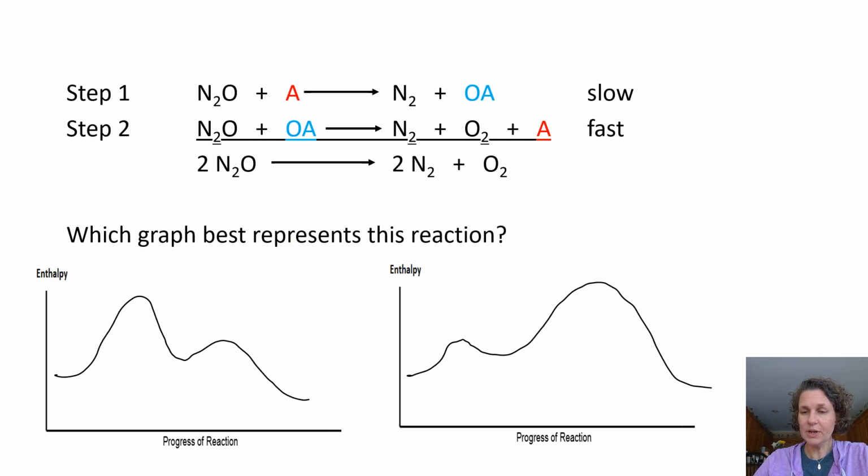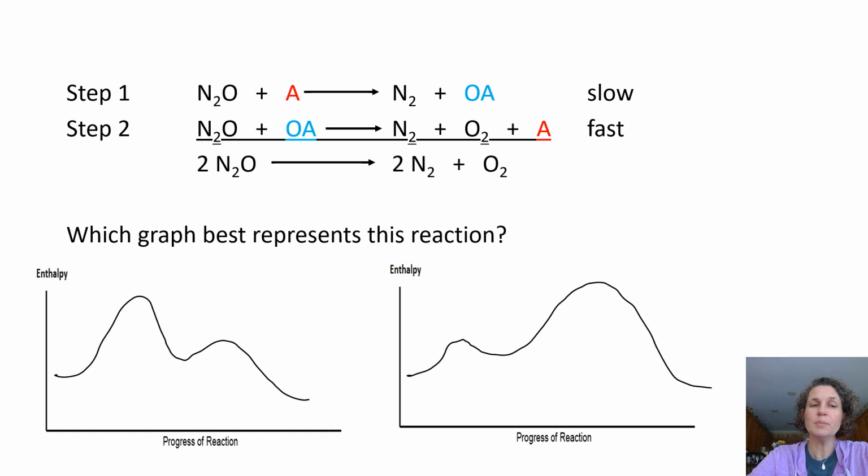Now, here's the same one again. Sorry if you rewrote it. Oftentimes with these reaction mechanisms, you will be asked about a graph. We've talked about the graphs before with the activation energy, going from the reactants to the products and the time that it would take.